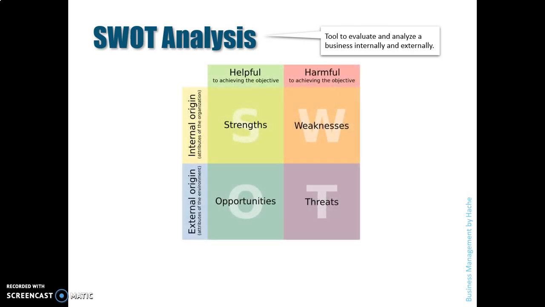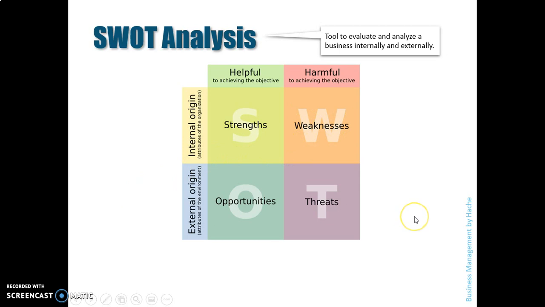The SWOT analysis is initially a chart that is divided into four quadrants. The first row is focused on the internal aspects. So it's about what's happening inside the business, the strengths of the business, and the weaknesses.